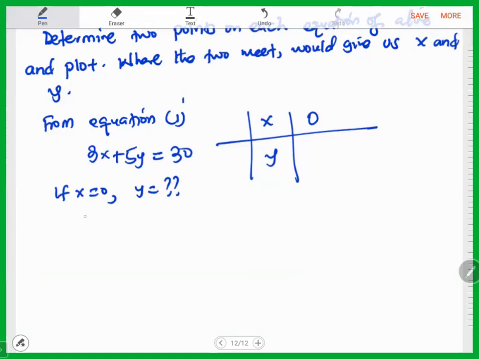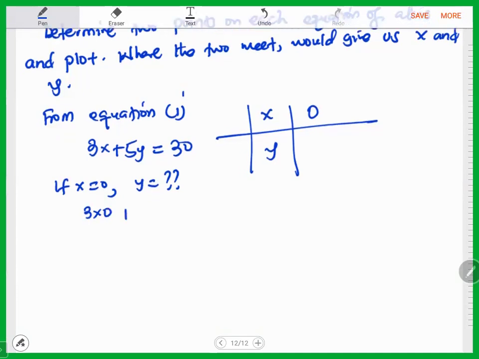I'm just assuming any values. So I'll have 3 times 0 plus 5y equal to 30. So y is equal to 6. So this will be 6.